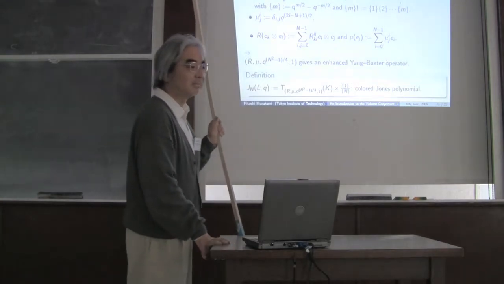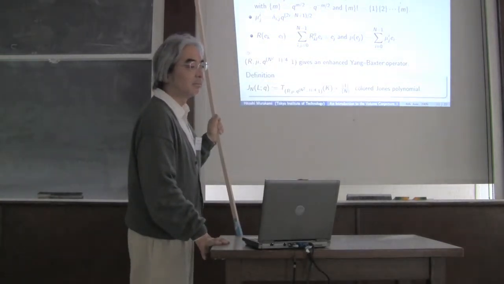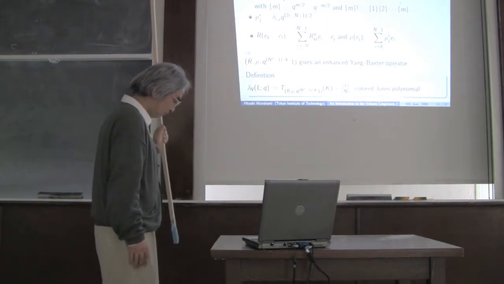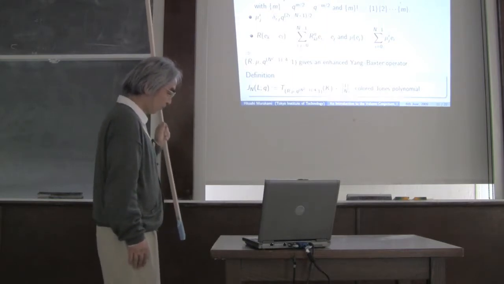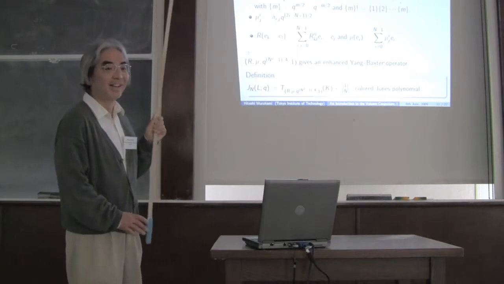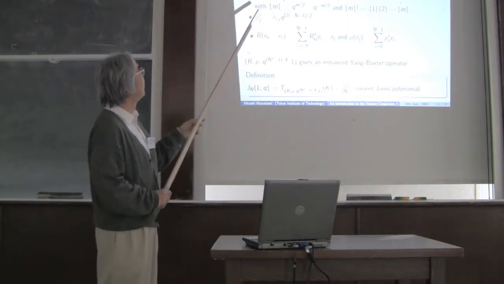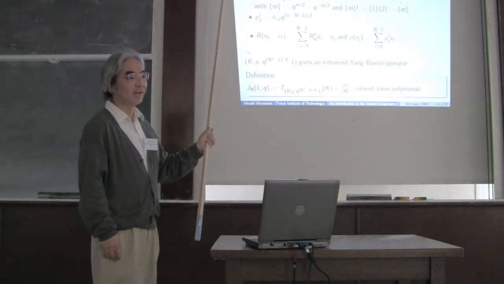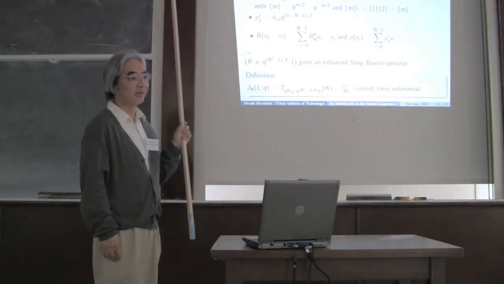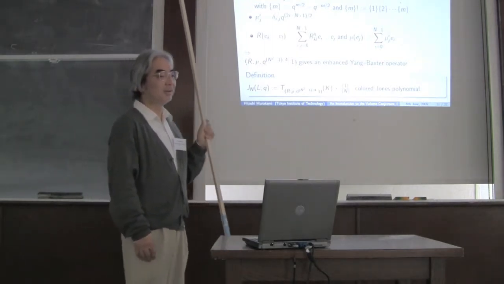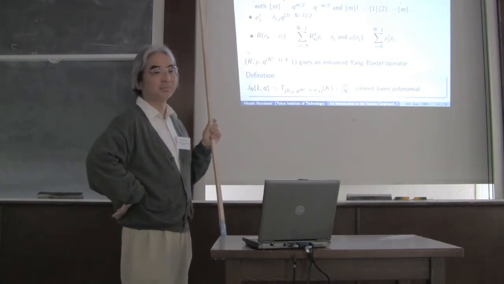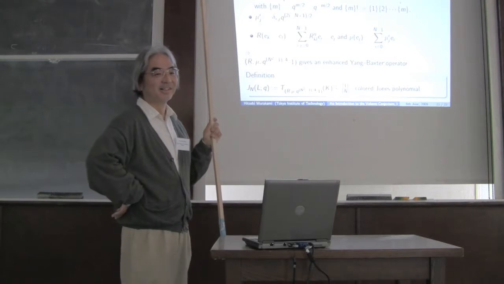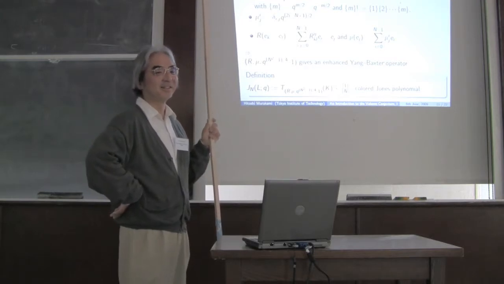Hitoshi, for which n is this practical to compute for, say, a 5-crossing knot? This has been implemented. For example, if you want to prove that this is indeed an enhanced Yang-Baxter operator, we can work it for any n, for general n. The Knot Atlas has a program written by Torre, and also another program.